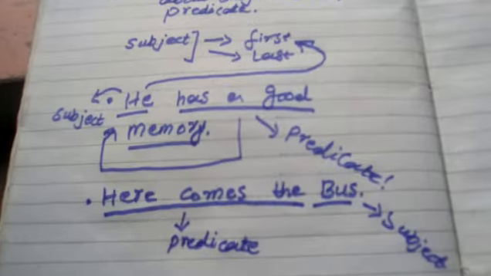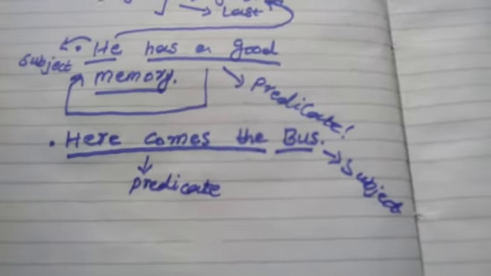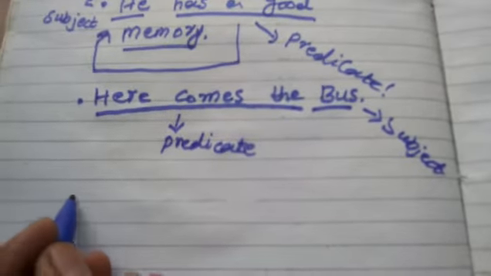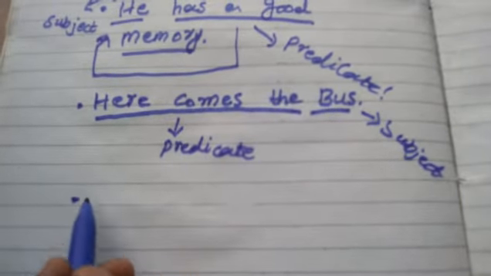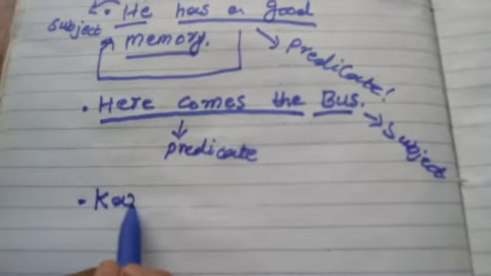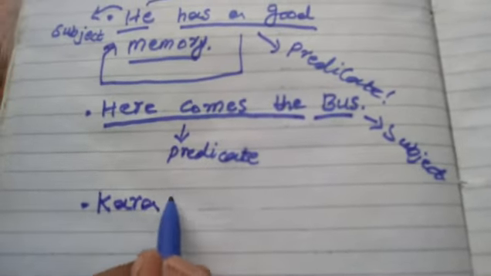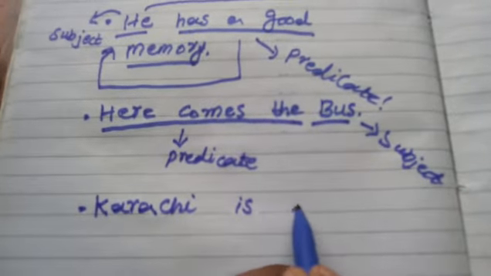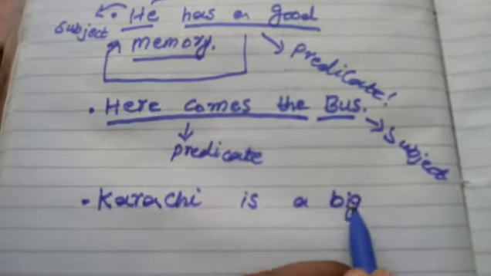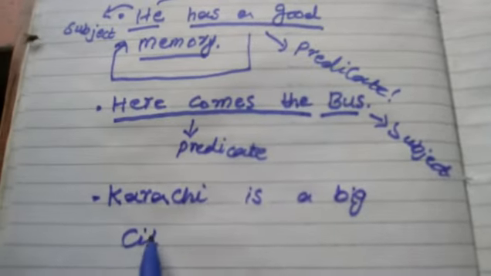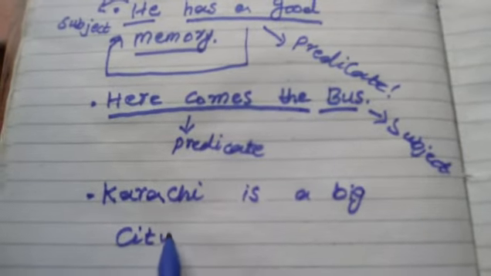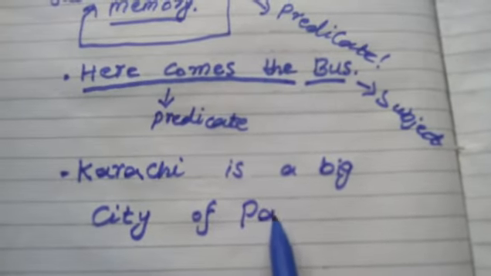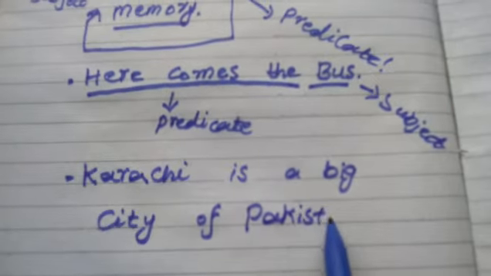And for the third example, we can write about any city, as I am mentioning a city of Pakistan. I can say, Karachi is a big city of Pakistan.